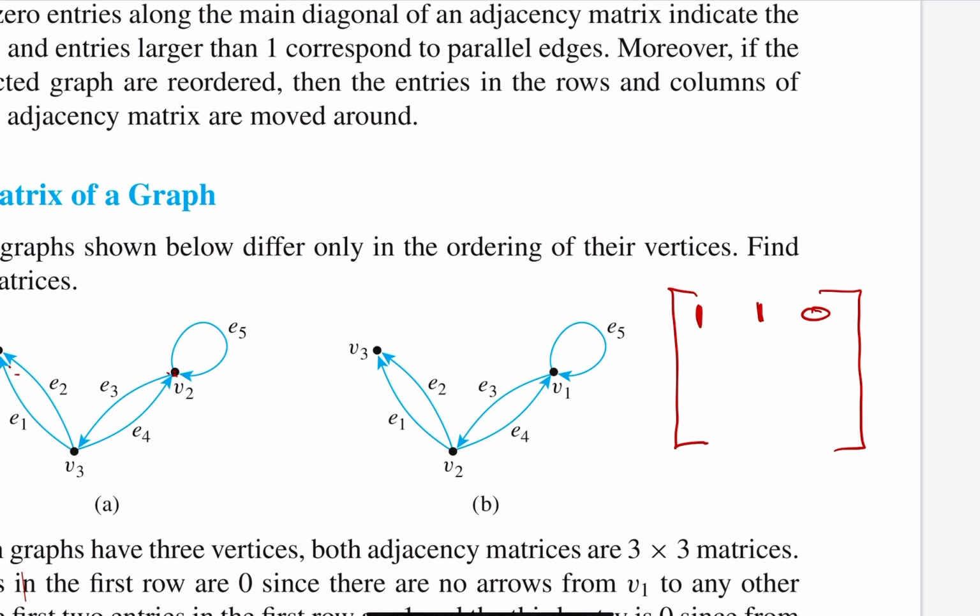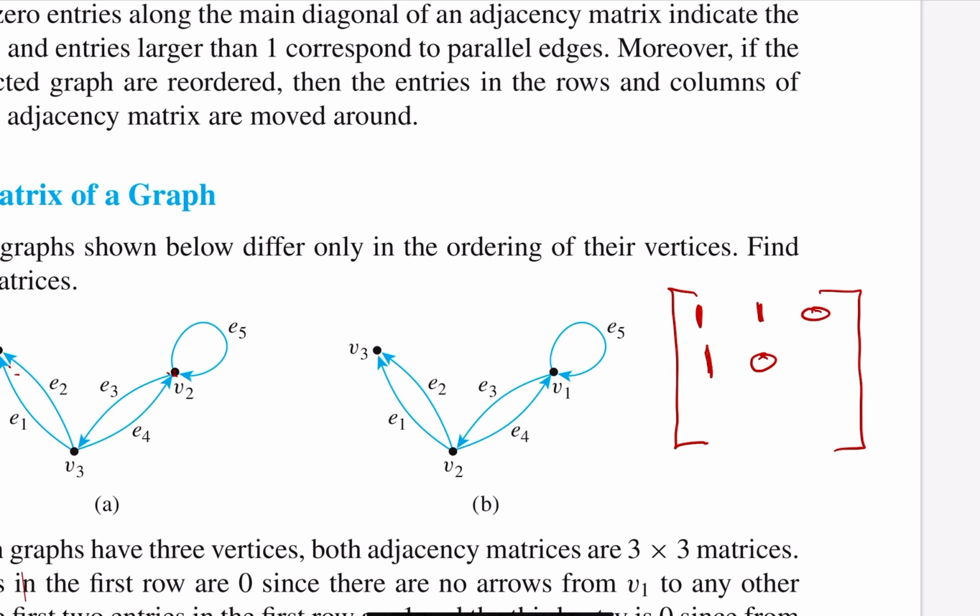v2, v1, we have only 1. One edge going to v1. v2, v2, we don't have a loop, it's 0. Now v2, v3, we have 2 edges going to the vertex v3.